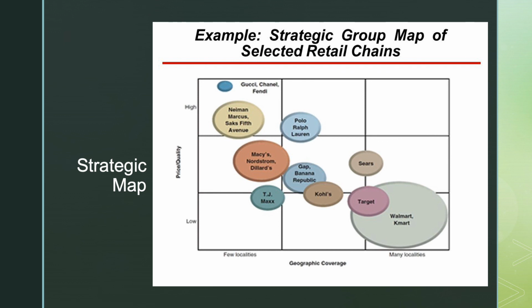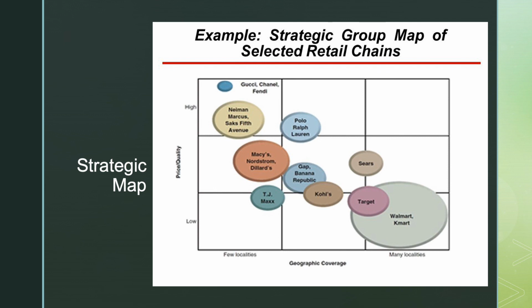So again, let's look at the map here, the strategic map. If we start on the bottom right, we're seeing the low quality, low price, and broad coverage: Walmart, Kmart. You can see as we move up to the left, we're getting higher value and fewer stores, less geographic coverage.